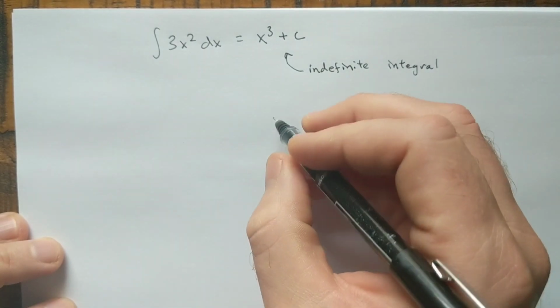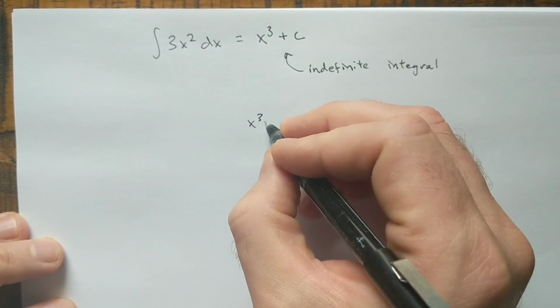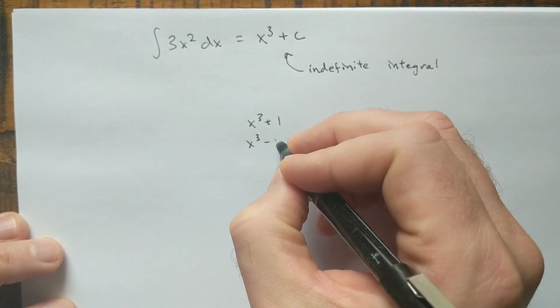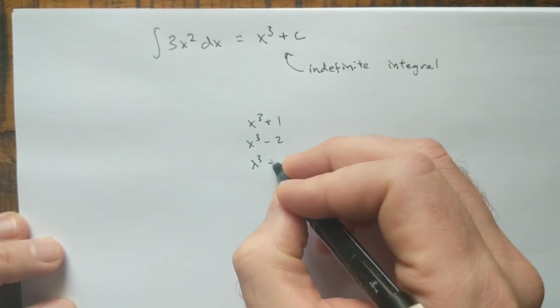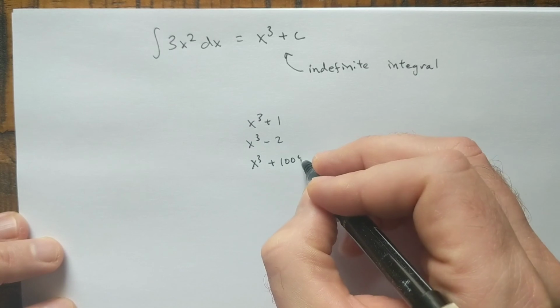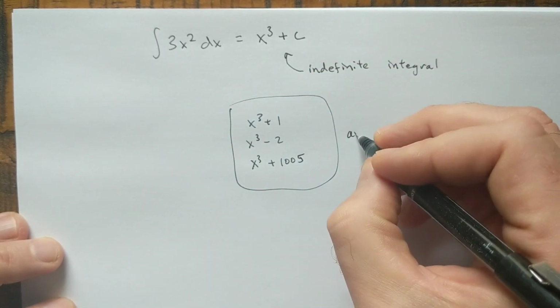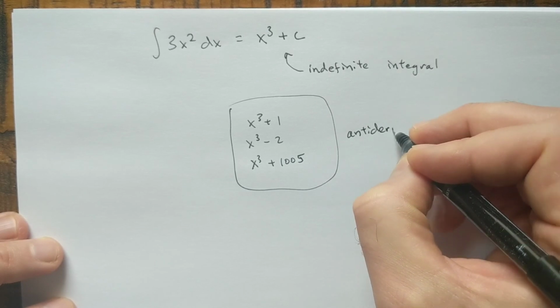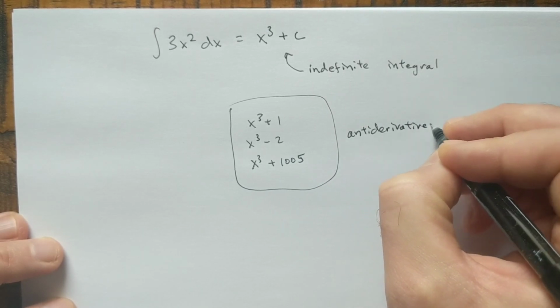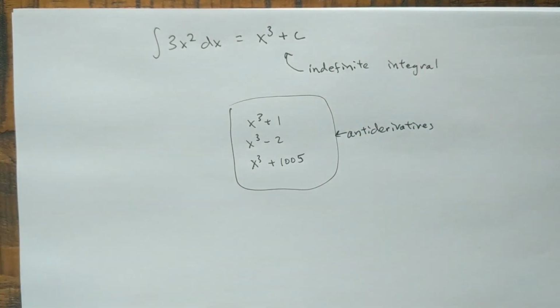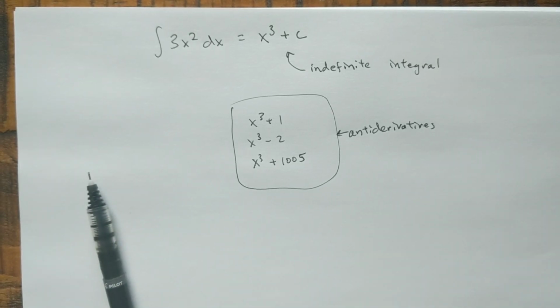If we choose anything to be C, these are all antiderivatives. Okay, we'll talk about these as we go. Next video will be some examples.